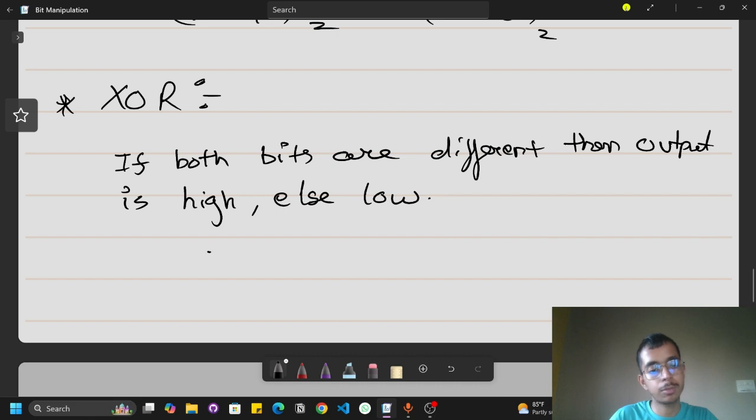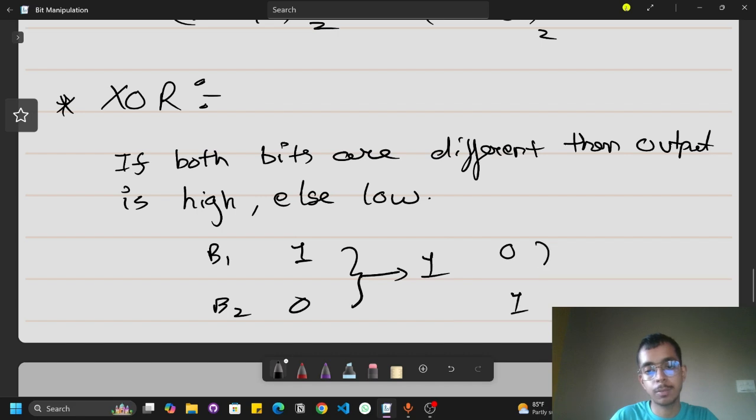Like if you have B1, B2: 1, 0, then output is 1. If it is 0, 1, then the output is 1. Otherwise, in case of two zeros and two ones, it's 0.